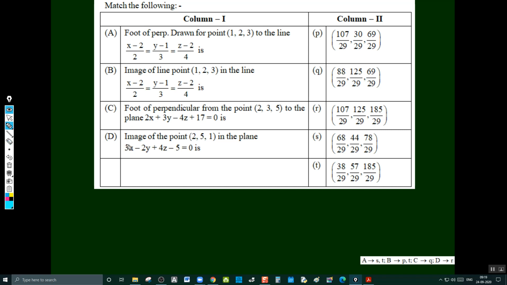Here, you have to find out the image in the plane. So, let me write the data. 2, 3, 5. Sir, we can use the direct formula for option C. Even for D also, you can use the formula directly. Yes, sir, we have to just multiply by 2.